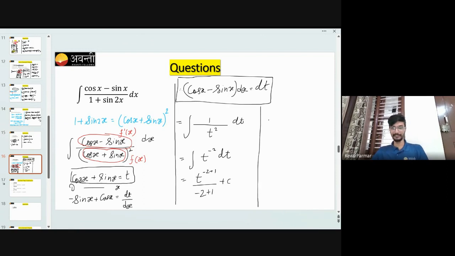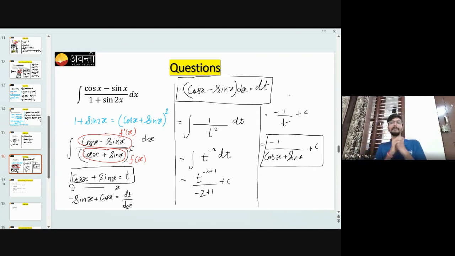So I will get minus 1 upon t plus c. In place of t I can write cos x plus sin x, so minus 1 upon cos x plus sin x plus c. This is my answer. I hope you got it.